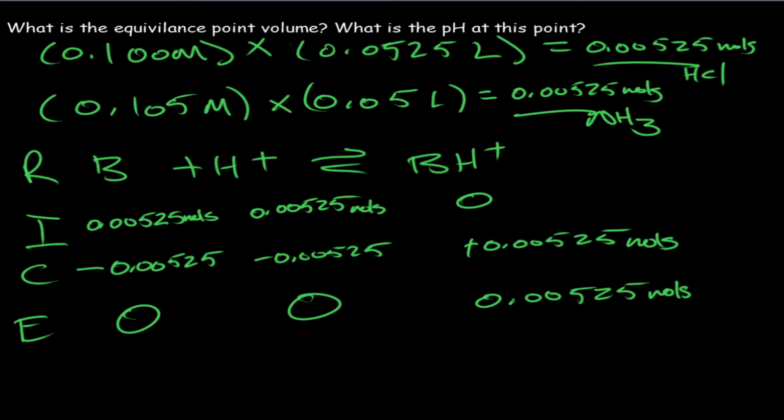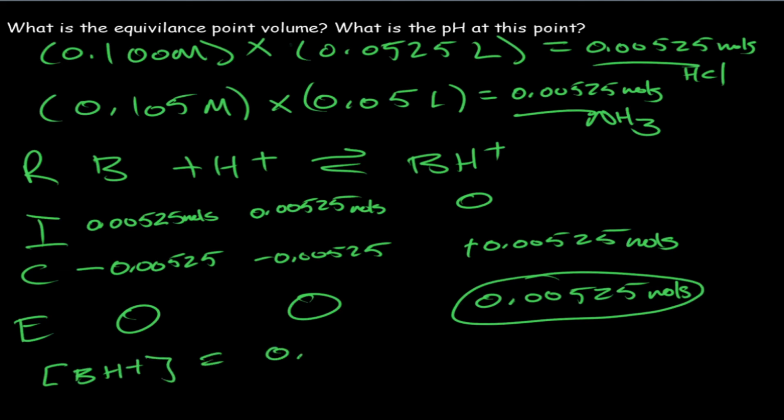The next thing to do is calculate the pH of our weak acid ammonium. But to calculate the pH, we need a molarity. We're given moles. So let's first calculate the molarity of our conjugate acid. So the molarity is simply our moles of our conjugate acid divided by the liters of the solution.